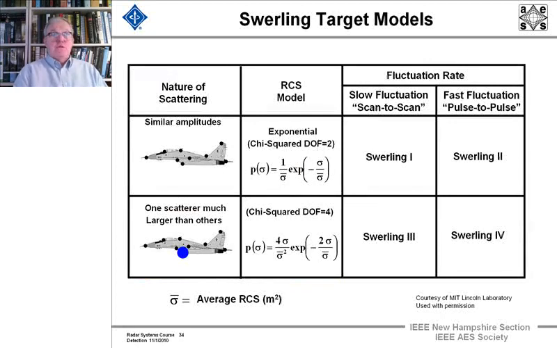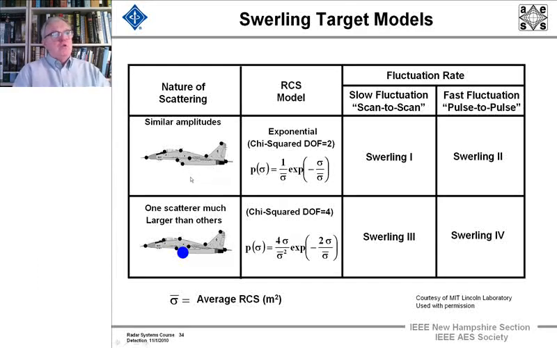Now first let's look at the Swerling target models. And I put down just for, there's no physical significance to my putting an aircraft down here and saying that the largest scatterers are these 6 or 7 or 8. It's just a generic object that I put down.